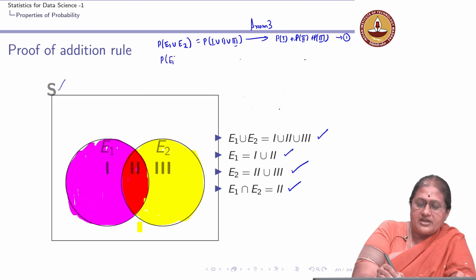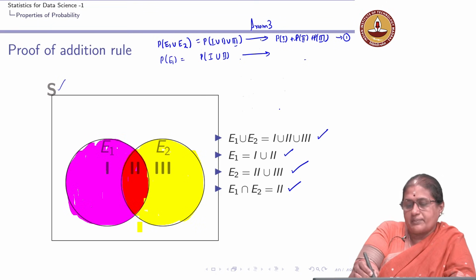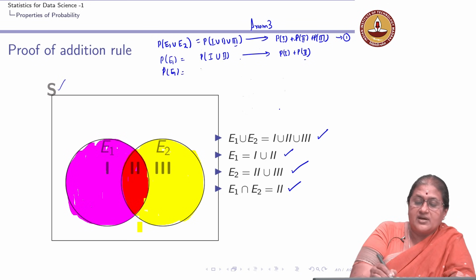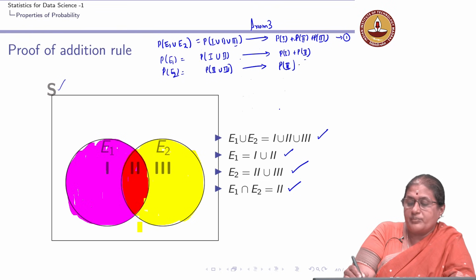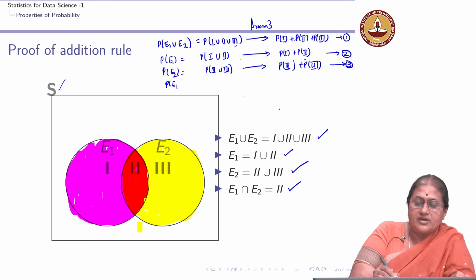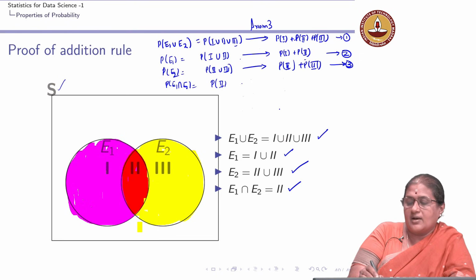Similarly, probability of E1 is probability of 1 union 2, again through application of axiom 3, this is probability of 1 plus probability of 2. Probability of E2 is probability of 2 union 3, which is probability of 2 plus probability of 3. Let me label this as 3 and this as 2, and I have probability of E1 intersection E2 is probability of 2. I am labeling this as 4.